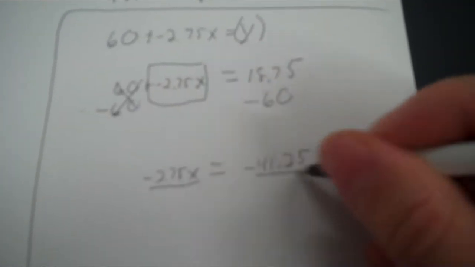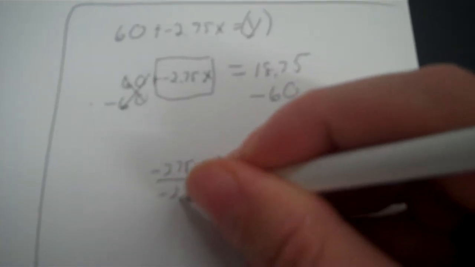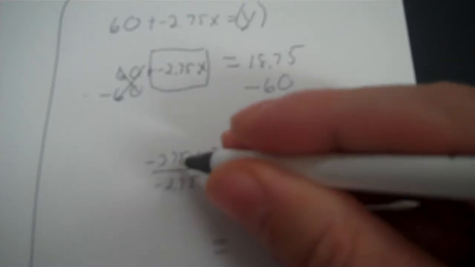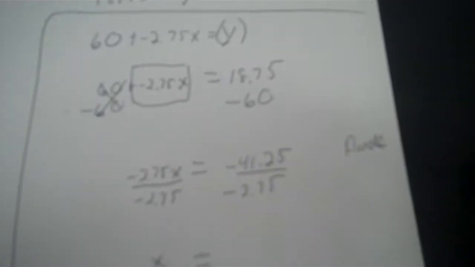So that means I underline, put your negative 2.75. Okay, so that's going to be X. And negative 41.25 divided by negative 2.75. Obviously, I need a calculator for that. Gives me 15. So there's your answer, 15. 15 days.